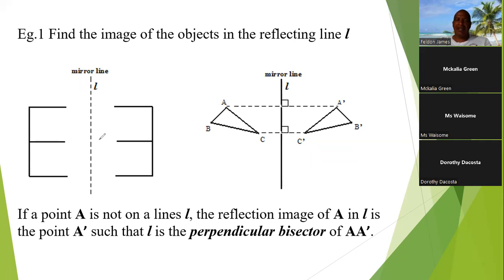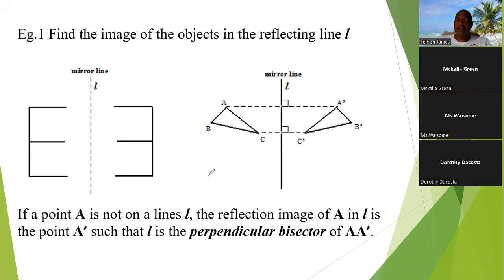What do you notice about the E on the left and the E on the right? They are facing each other, sir. Right, so they are inverted sideways.